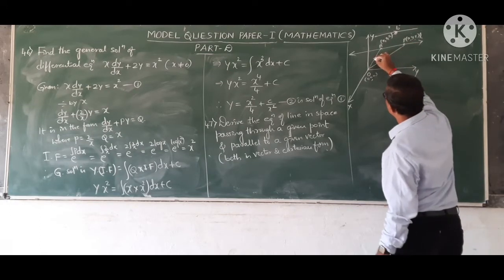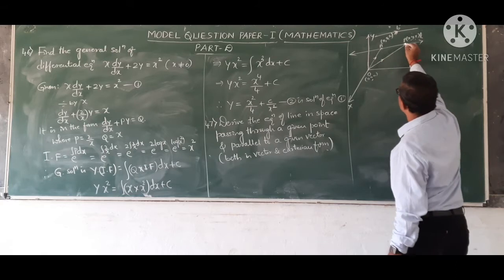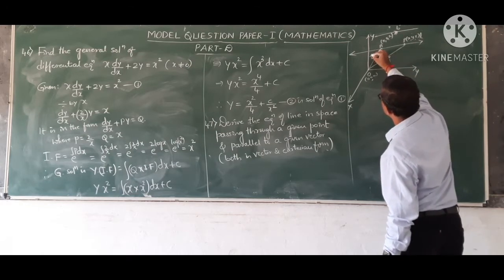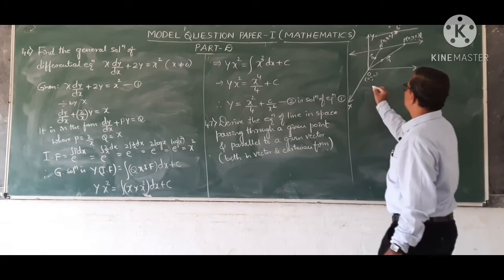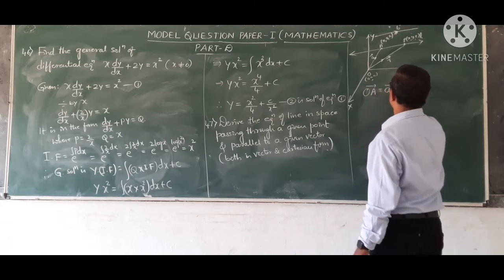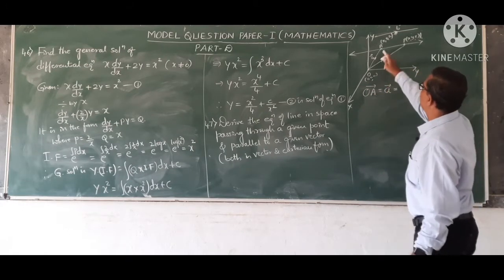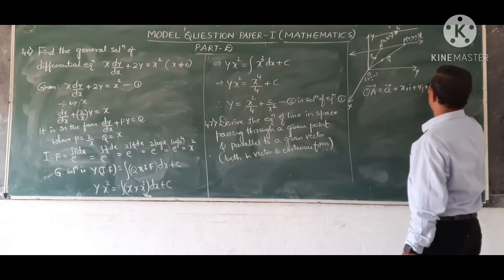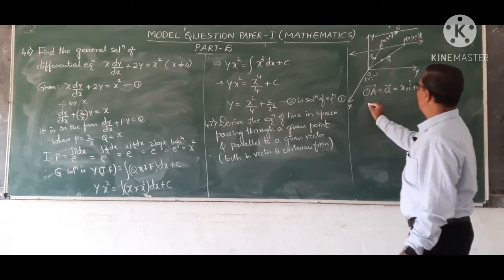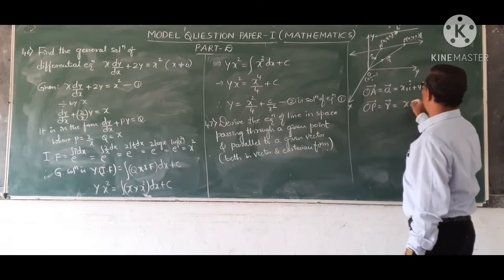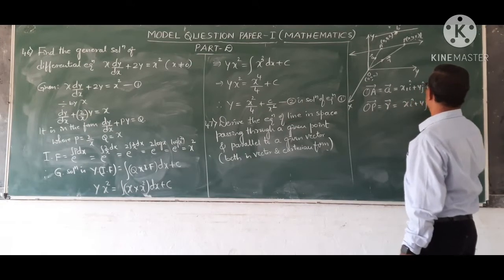Now OA is called position vector and OP is also a position vector represented by vector R. OA is the position vector represented by vector A. Here A is the point x1, y1, z1, position vector is x1i plus y1j plus z1k. OP is the position vector represented by vector R, that is xi plus yj plus zk.